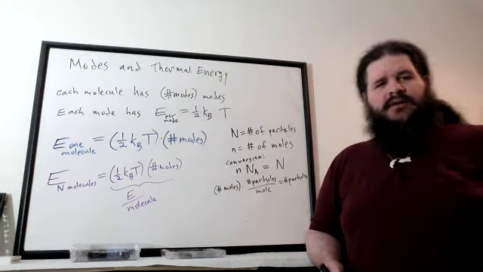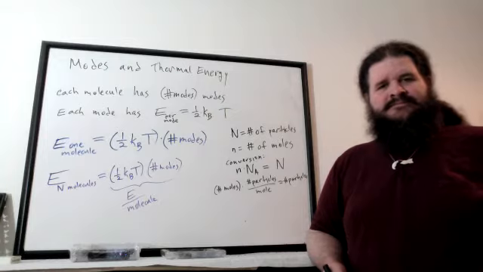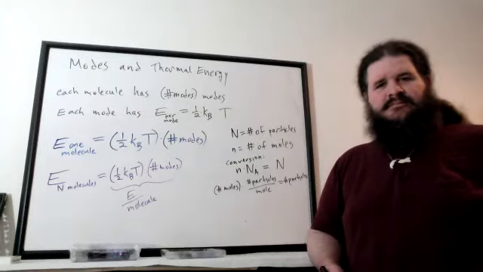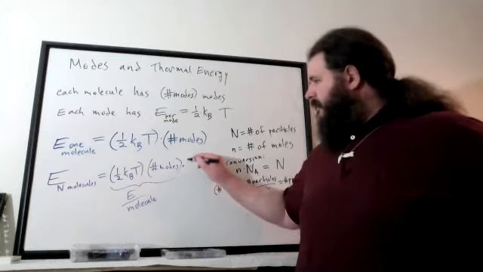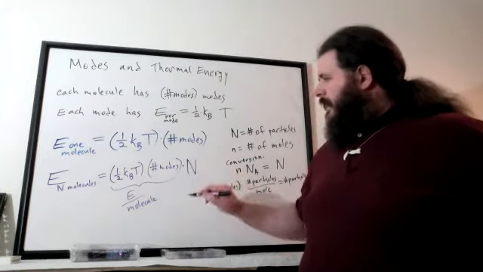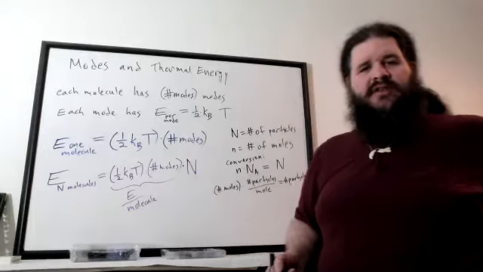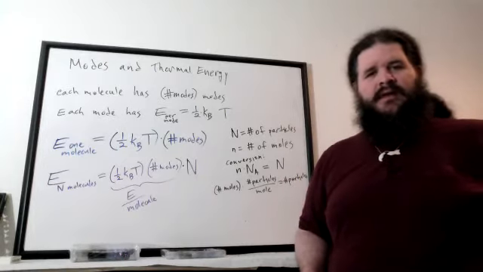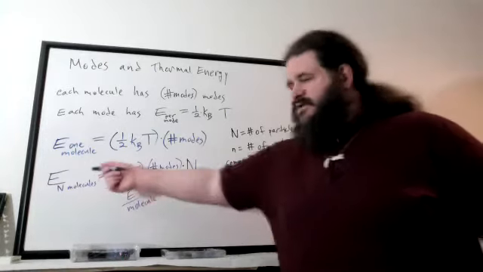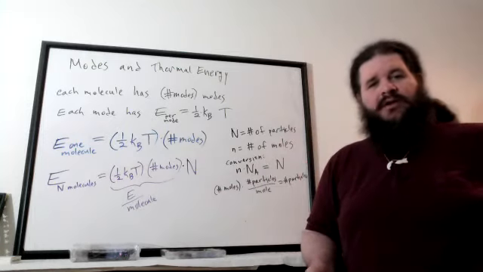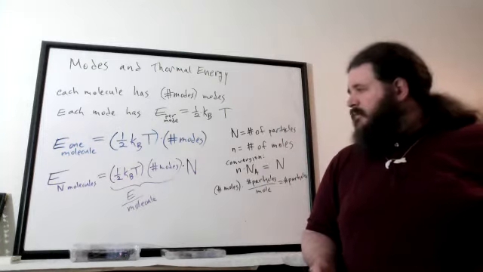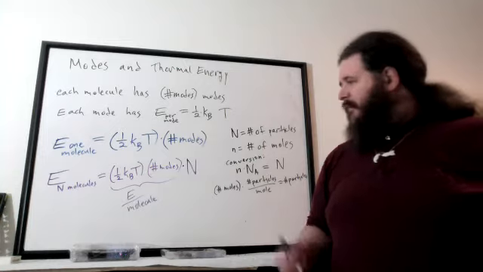What would we have to do to that to scale it up to many molecules? Yeah, we multiply by the number of molecules in the sample, not necessarily Avogadro's number. If we use Avogadro's number, we'll get the energy for exactly 1 mole, which can also be useful. But generally, you'd multiply by the number of particles in the sample.